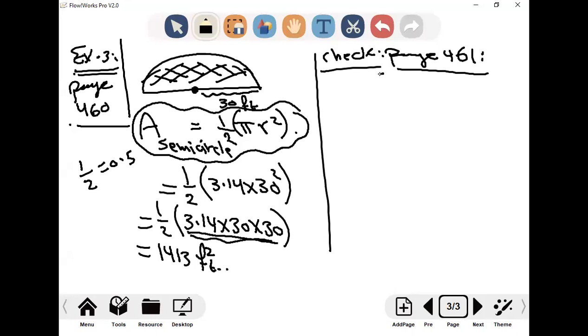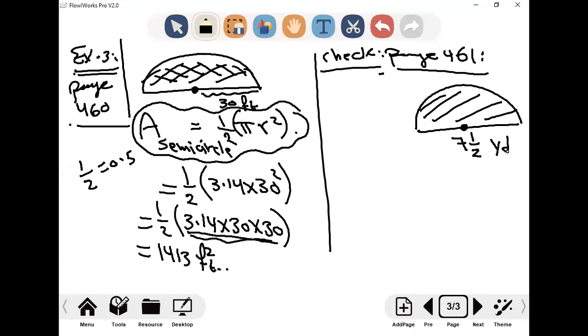You have the semicircle in front of you, the green color. See it? Focus, please. They put 7.5 yards. Is this the diameter or the radius?